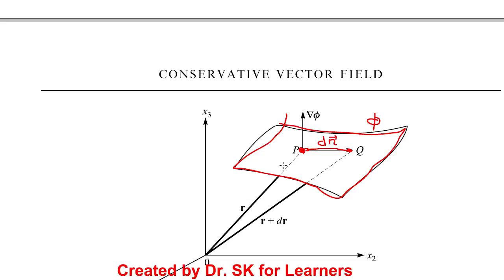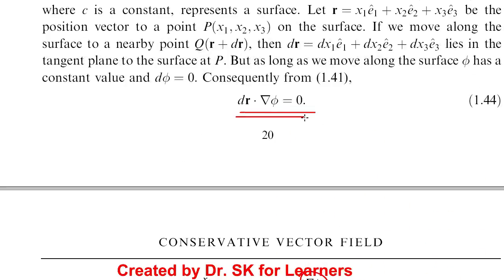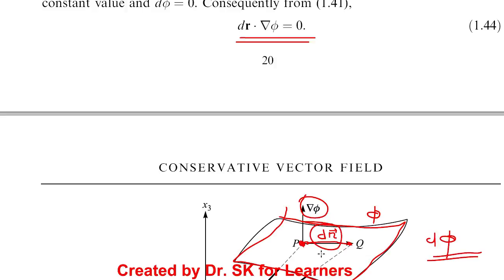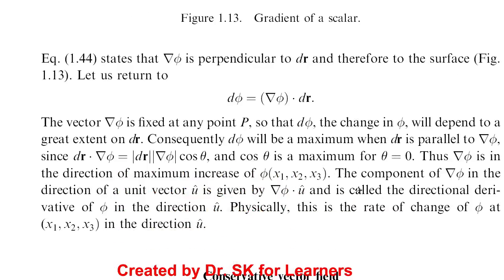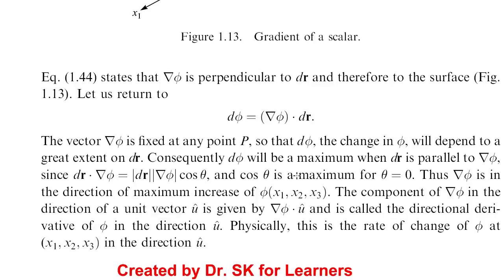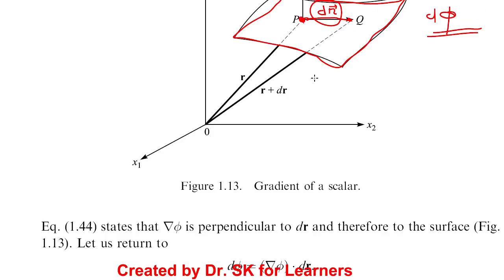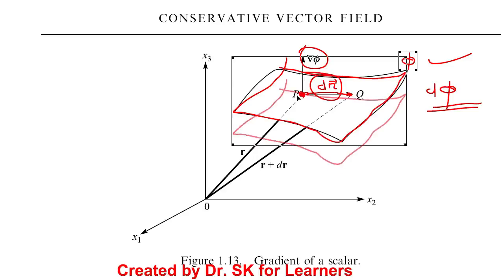So when you are taking the differentiation of this function, d of phi, you'll arrive at del phi dot dr. When del phi and dr are at 90 degrees to each other, you'll get the derivative to be 0, and if the cos theta term is 1, the small change has to be in parallel to this.